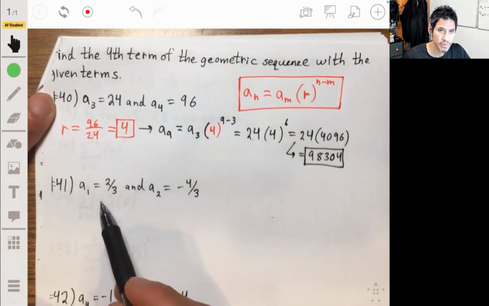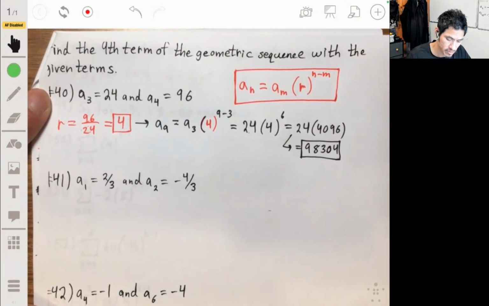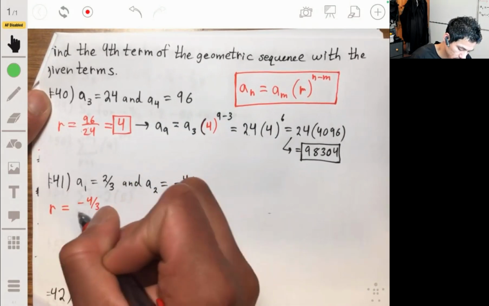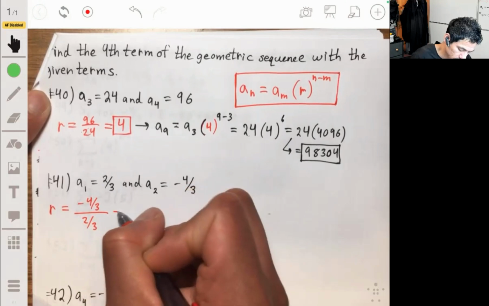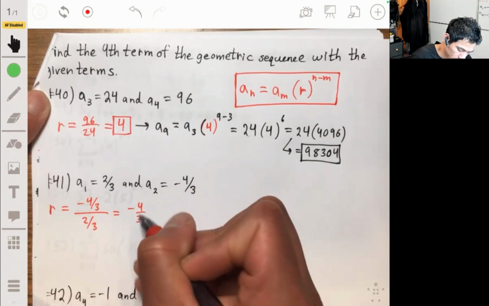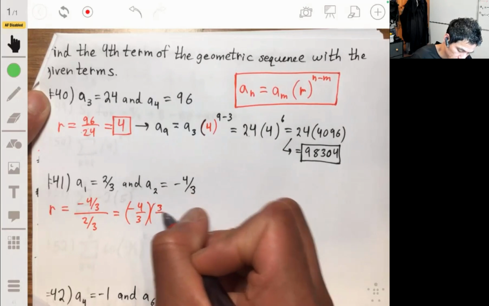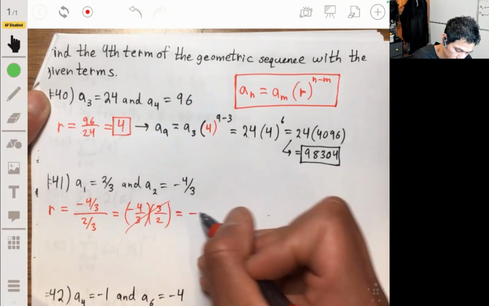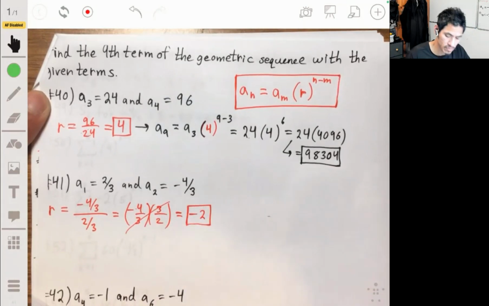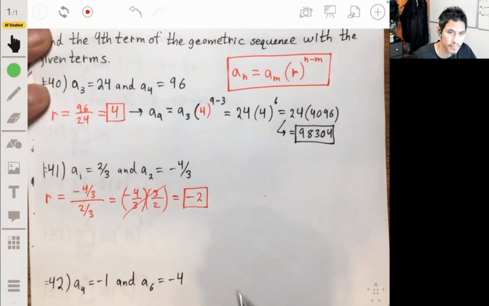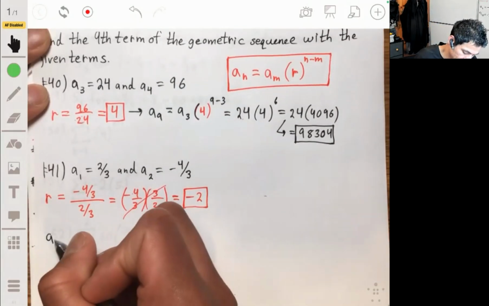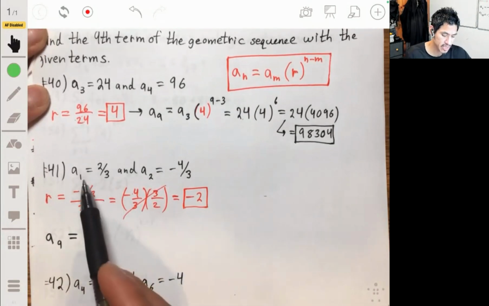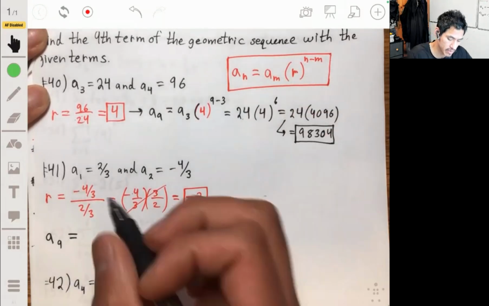So for the next one, we have a1 and a2. So finding r, we can go ahead and do negative 4/3 divided by 2/3, which will be negative 4/3 times 3/2. These 3's cancel, so we get negative 4 over 2, and so our common ratio is negative 2. And then a9 will be equal to, in this case, we are given a1, so we can use a1 in place of am.